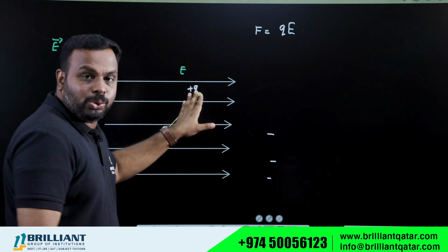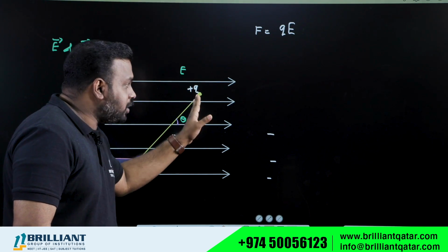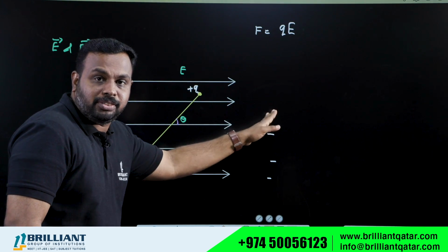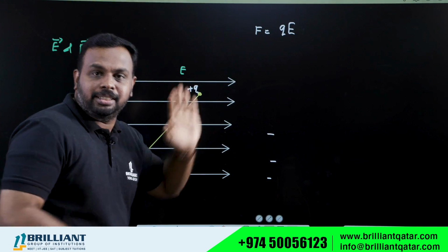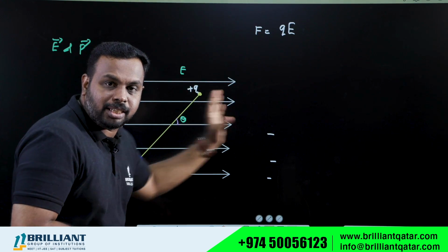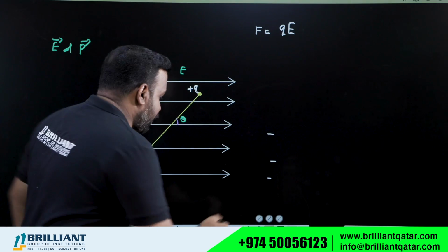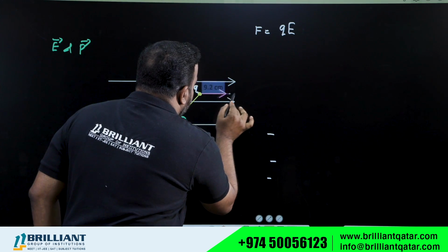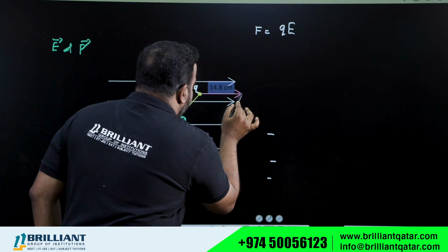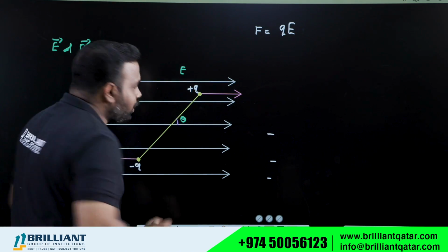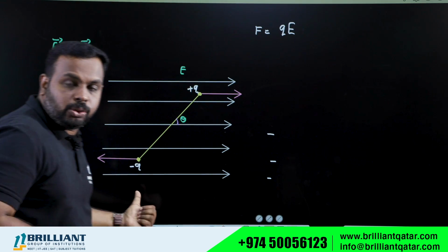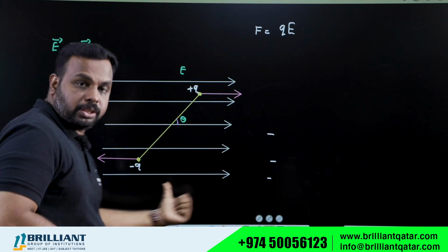See, come to this plus q charge. This is a positive charge and you know that on this side there is a negative charge. So this positive charge will be attracted by the negative charge. That means the charge will be attracted towards right. Okay, so you can mark the direction of that force in this way. Interesting, right? This minus q charge is experiencing a force qE towards left.